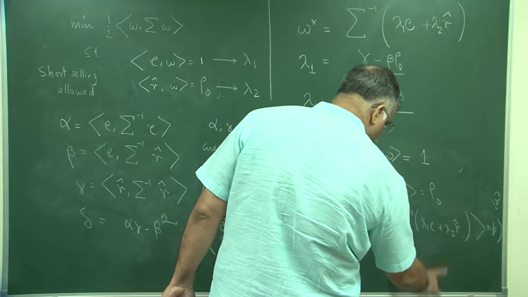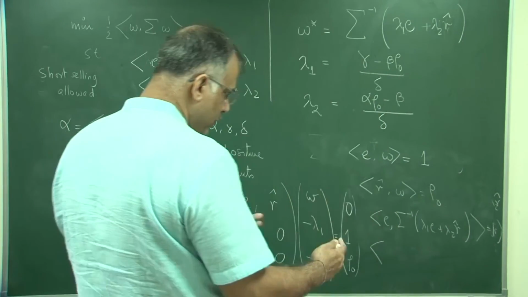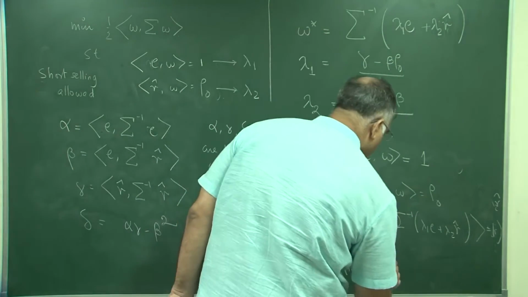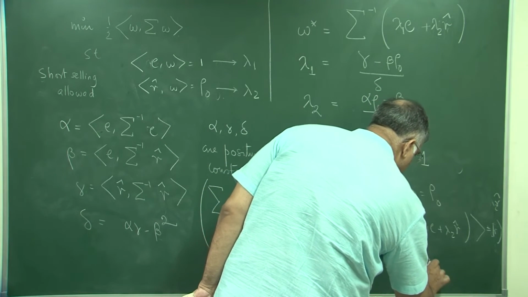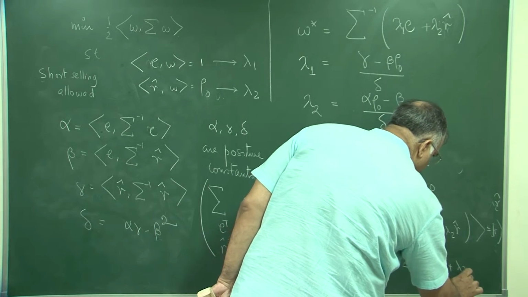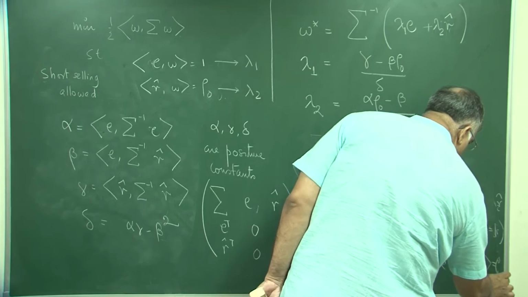These are two components of a vector basically, or it can be written in the form of a matrix, and then I have R hat sigma inverse, lambda 1 E plus lambda 2 R hat. This is rho naught.